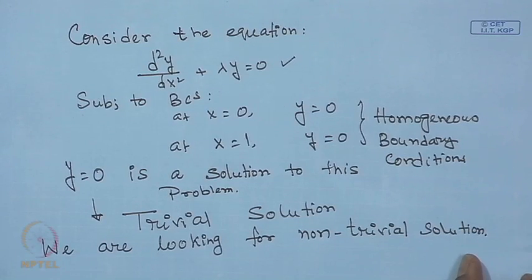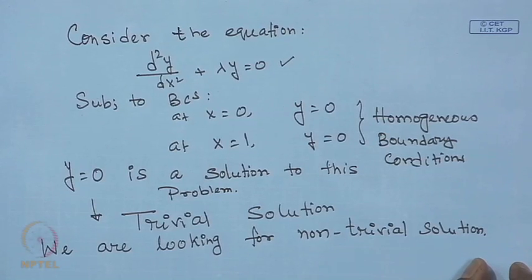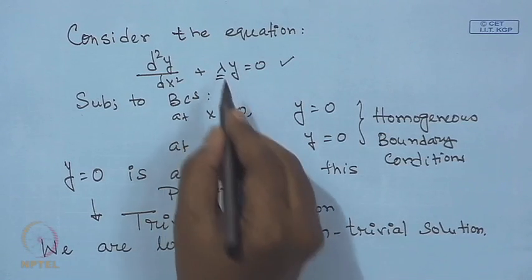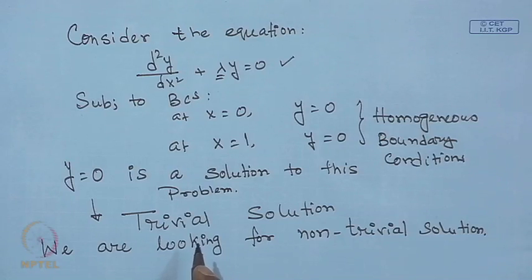So, we are basically looking for a non-zero solution for different values of lambda. What are the values of lambda so that this will give you a non-trivial solution?